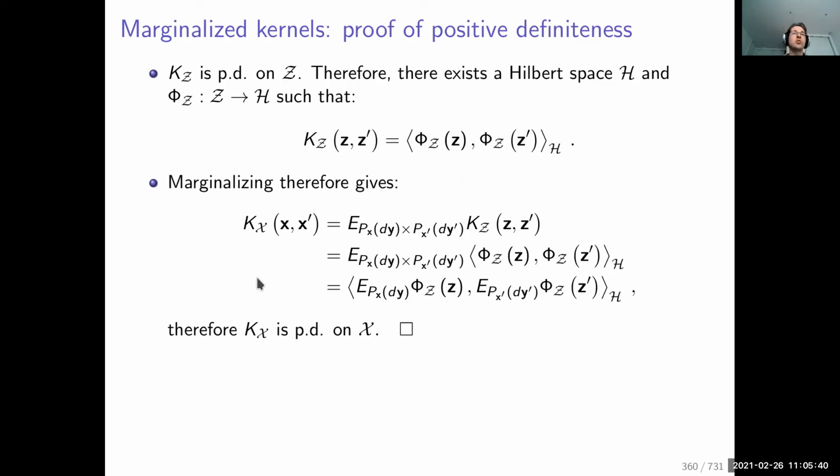We do things here that would need to be justified, but anyway, because of the linearity of the expectations, what we get at the end is an explicit embedding for your new kernel, which is simply the expectation of the embeddings of the complete data X and Y when we take the expectation with respect to Y. Of course, for these quantities to make sense, we will need to make a few assumptions, but here I just want to give the idea, which is not perfectly rigorous on this slide.